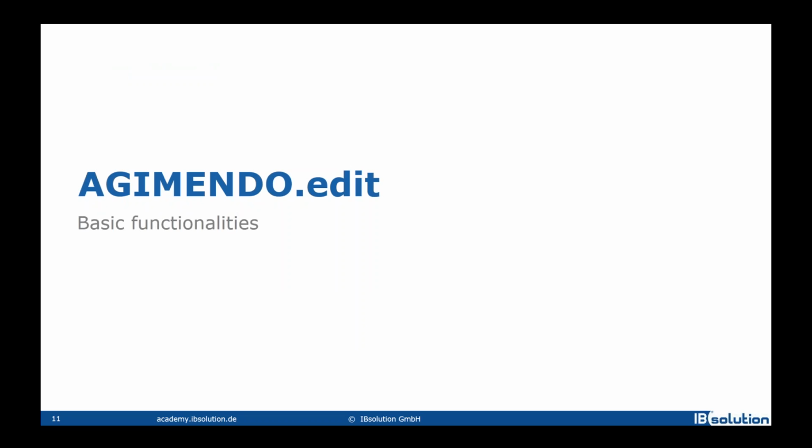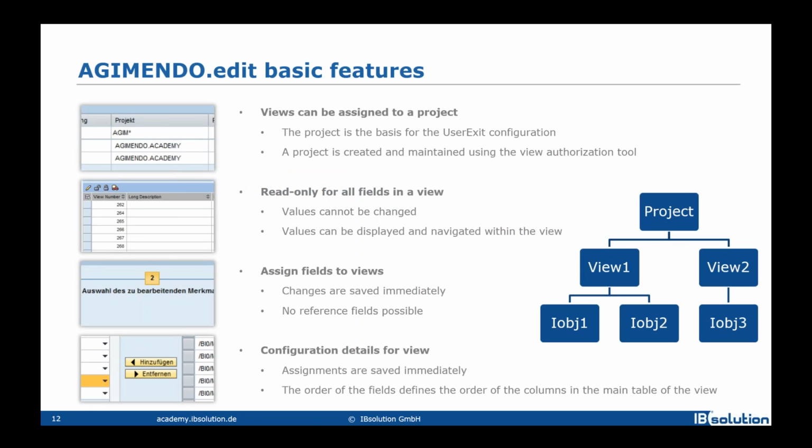So what are the basic functionalities of AGIMENDO.edit? As I said, first you have to build a view, which will be the equivalent of the master data table for your info object. This view will belong to a project. A project may contain multiple views, and each view may contain multiple info objects.